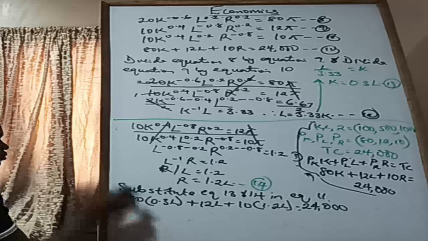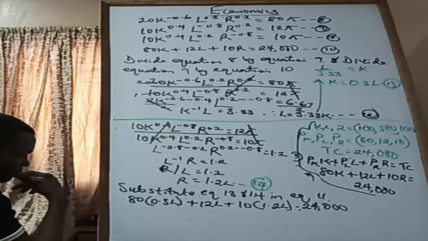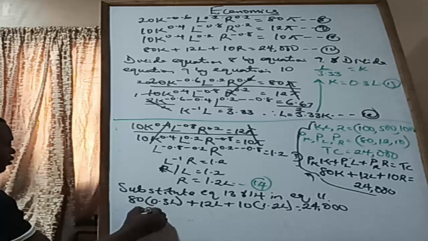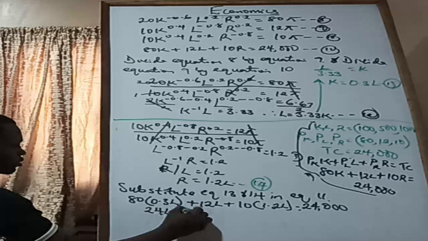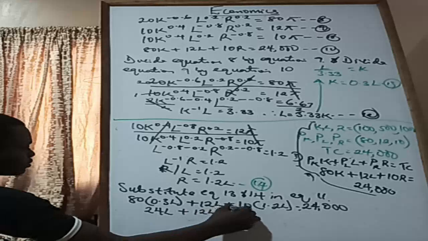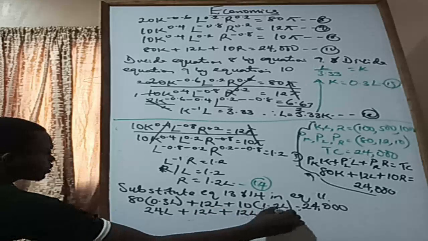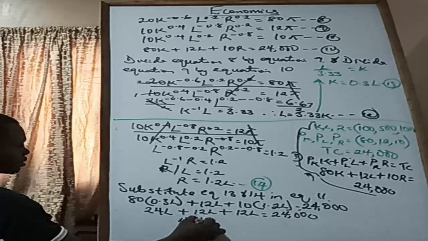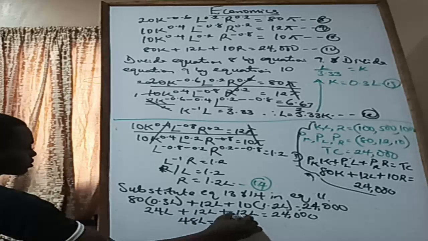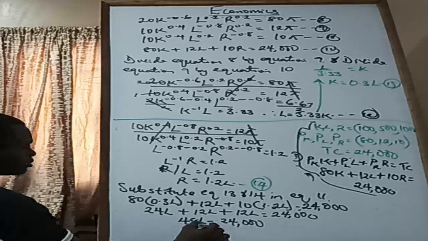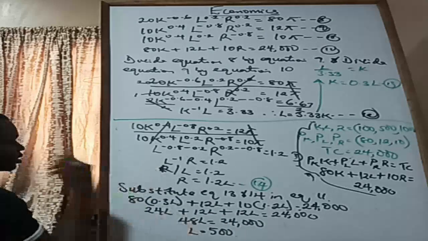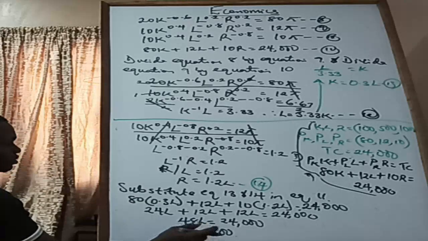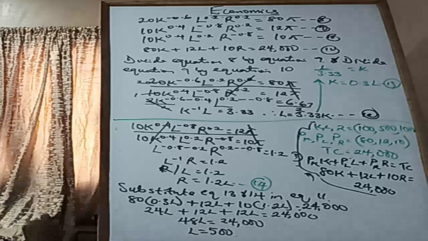So 80 times 0.3L is 24L, plus 12L, plus 12L, equals 24,000. So we'll be having 48L equals 24,000. So L here should be 500.